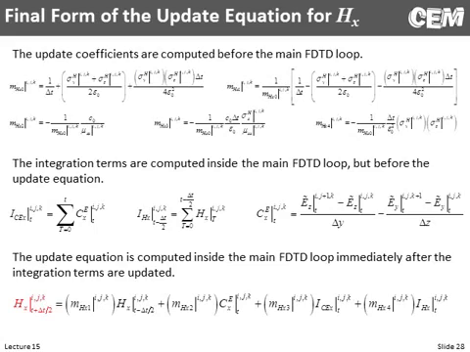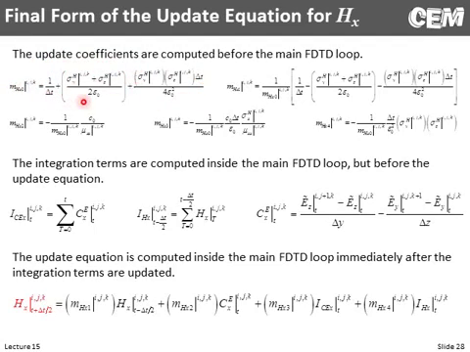So in fact, here's how we actually implement it. Ahead of time, we calculate all of these update coefficients. So this is where all the coefficients are collected into these terms. And we'll have five of them. We have an mHX0, an mHX1, mHX2, mHX3, and an mHX4. Now in fact, this mHX0 is not an update coefficient.